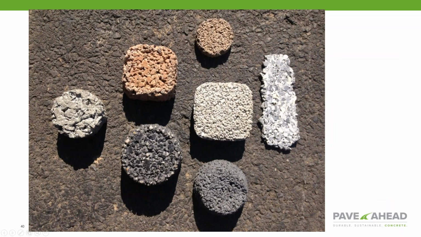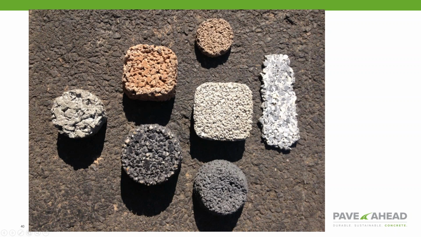If you look here on the left, this is our heavy duty mix. It's got 3/4 to 1 inch aggregate in it. And you can see it's much larger than these two mixes right here. Now they have color in them. This is a typical 3/8 mix. And then over here, this is the chips or the pea gravel. You can clearly see that all these mixes have different size aggregates.